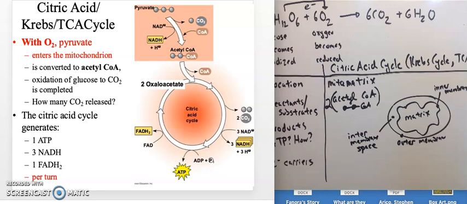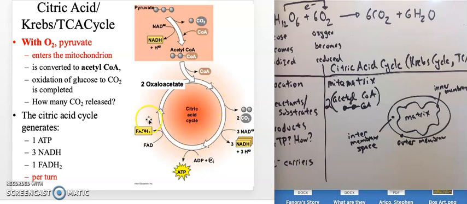So what happens during the citric acid cycle is acetyl-CoA reacts with oxaloacetate. This is not a vocab word, you don't need to know it for the exam. But what happens in the process is the carbons get broken down and released as carbon dioxide. Electrons get stripped out and passed to our electron carriers, NADH and also FADH2, and ATP is made through substrate level phosphorylation.